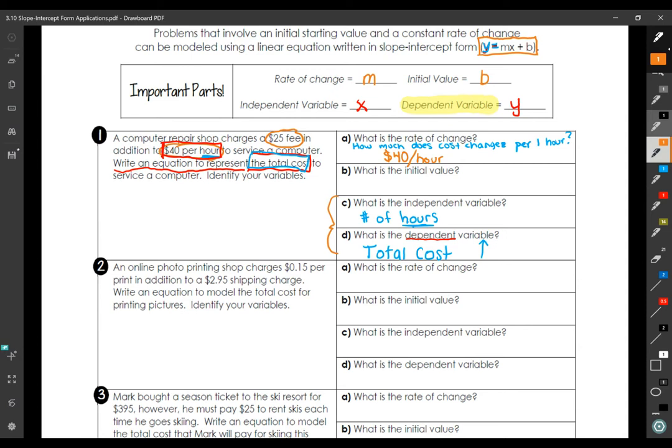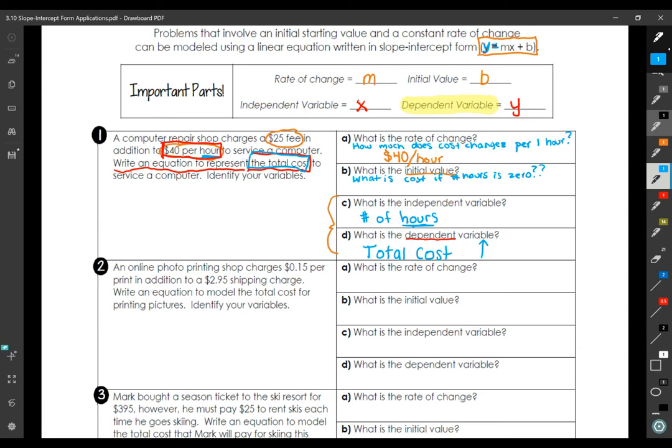Okay, so there is our rate of change, and we've included units, because if we don't include units, we're not correct. All right, so the initial fee. When we talk about initial fee, I want you to ask yourself this: what is cost if number of hours is 0? Our initial starting.